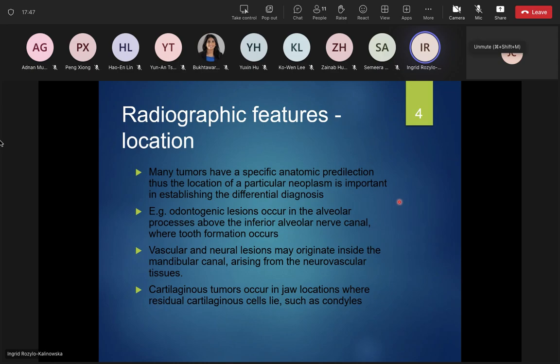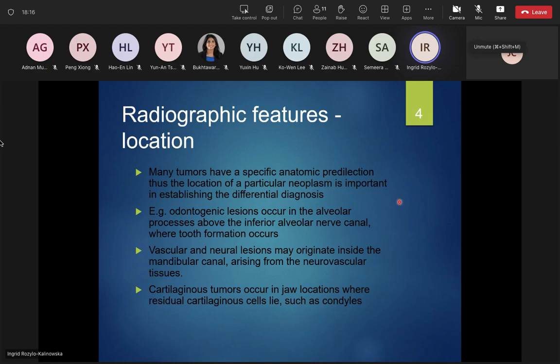Odontogenic lesions usually arise above the mandibular nerve canal, and non-odontogenic lesions can arise both above and below the mandibular nerve canal. Also, when you can see enlargement of the mandibular nerve canal itself, then you can think that something is growing out of this canal.